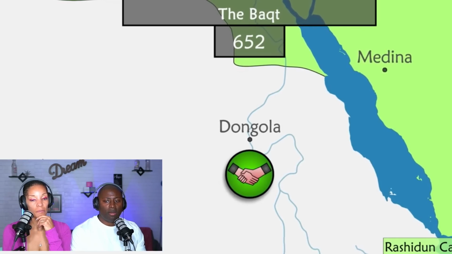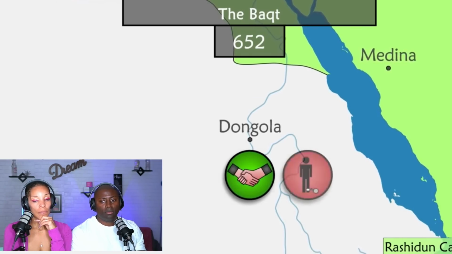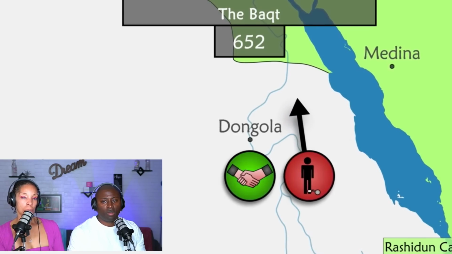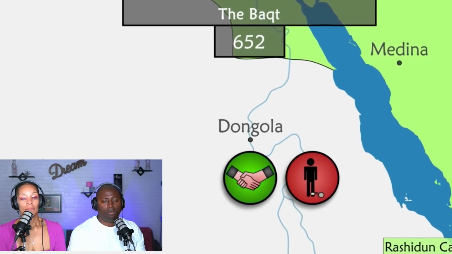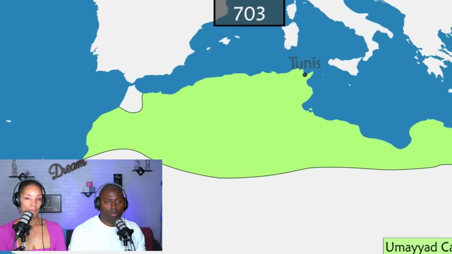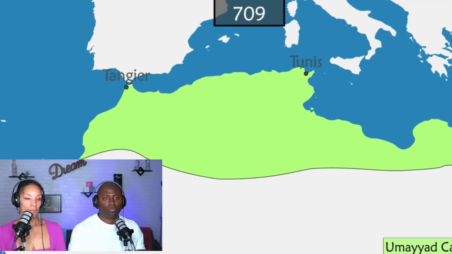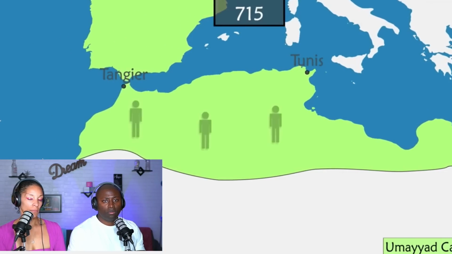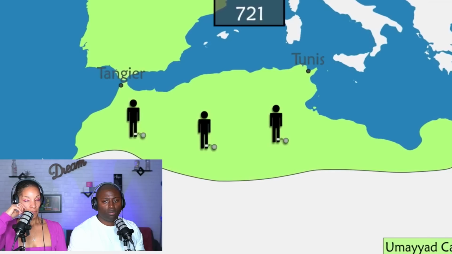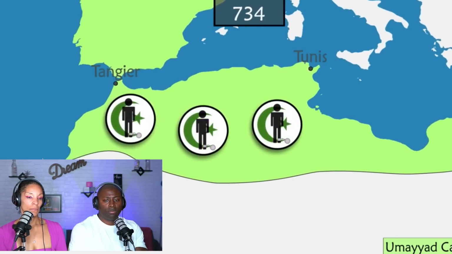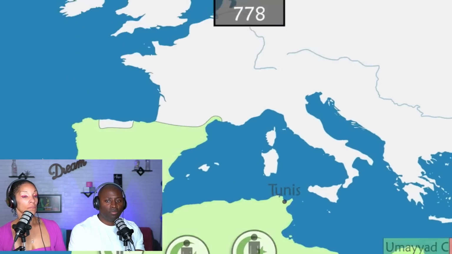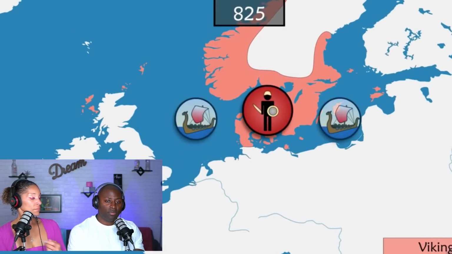The Nubians commit themselves to provide 360 healthy slaves, men and women, every year. This treaty will last almost 7 centuries. Further west, after 60 years of resistance, the North African coasts are conquered. Berbers are captured and enslaved. In reaction, many convert to Islam because it's forbidden to enslave a Muslim. In Northern Europe, the Vikings dominate the seas.